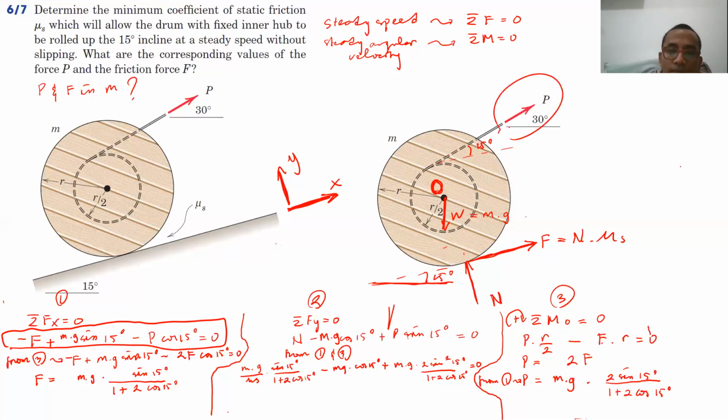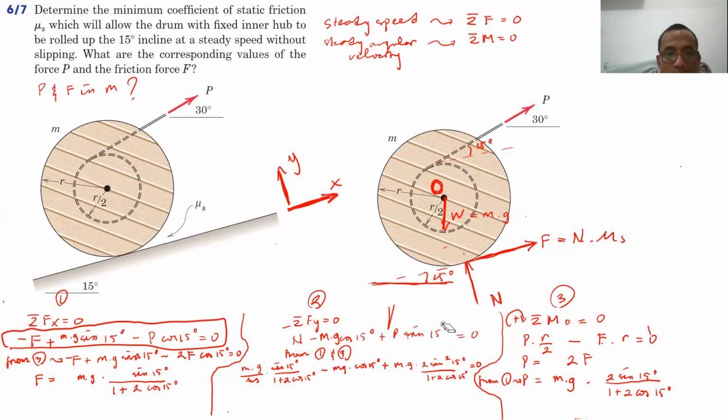This one will be in the y direction. N is going up, positive. W is going down, negative. Then P is going up as well, so P sin 15 degrees is positive. So this is my second equation.